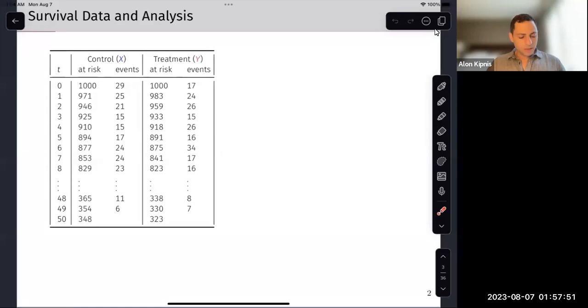Now, every group has a list of rows, and each row here is indexed by a time. It represents a time interval, and what you record is the number of at-risk patients at the beginning of your time interval, and then the number of events that you observed within this interval. Some of these are called failure events or mortality events. Same thing goes with the Y group.